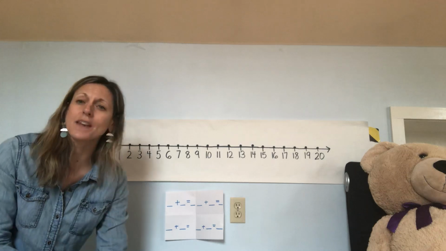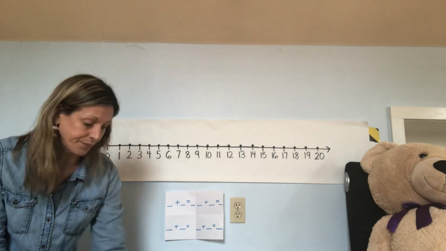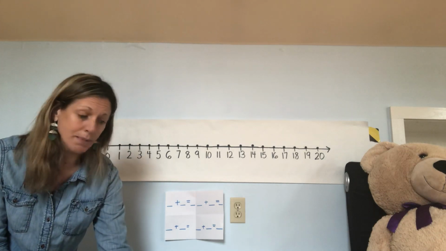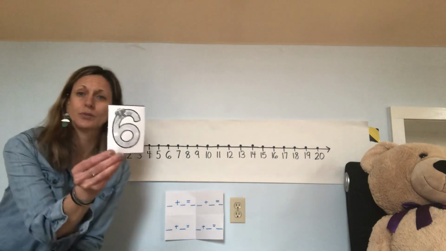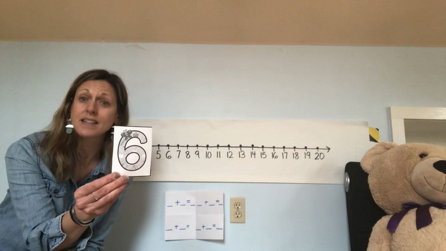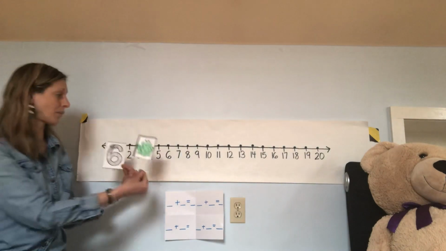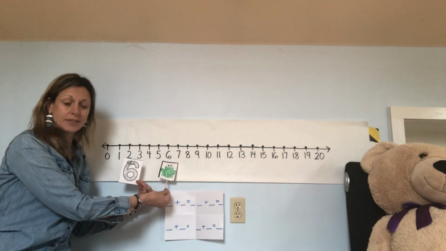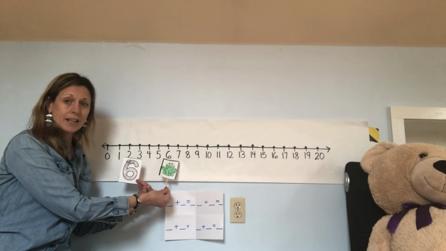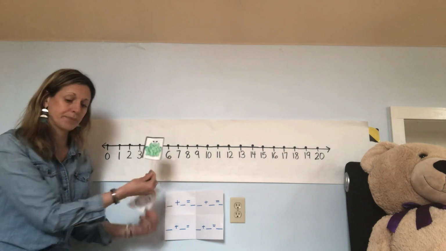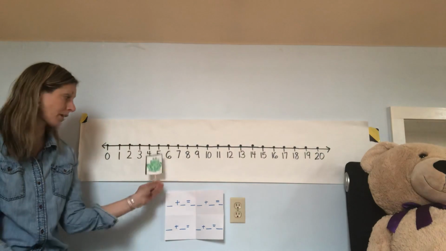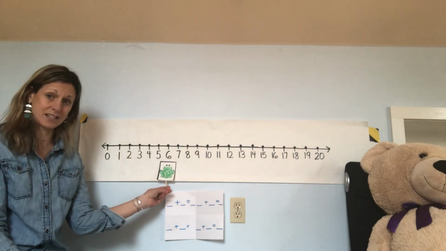And that's going to be the number that we start on. So for instance, if I pick this number, what number did I get, class? 6, good. That's going to be the number that we begin with on our number line, okay? That's the first number. So my frog is going to go to the number 6.